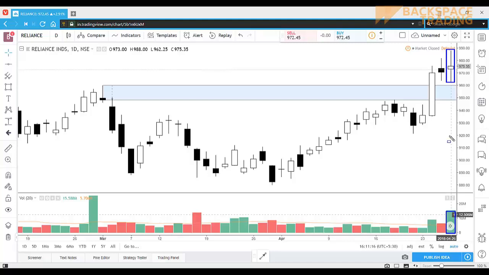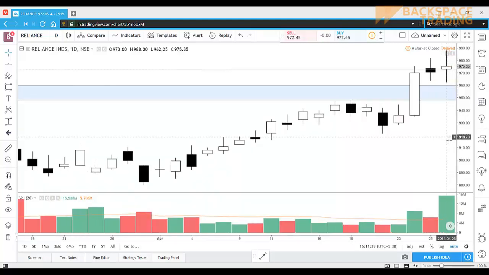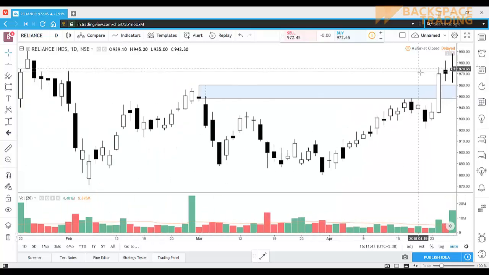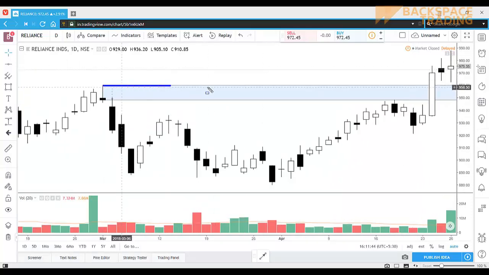Now let me give you a new insight at this stand. What is happening over here is the price broke out. There will be traders who feel that this resistance is now a support, so they would assume to buy around this point, keeping a stop loss here and the target somewhere over there.